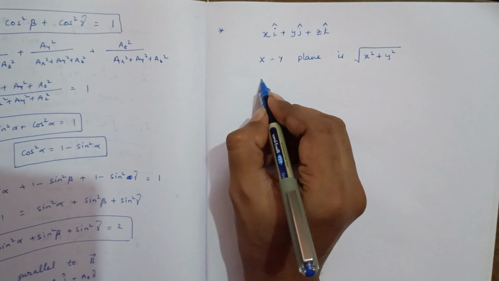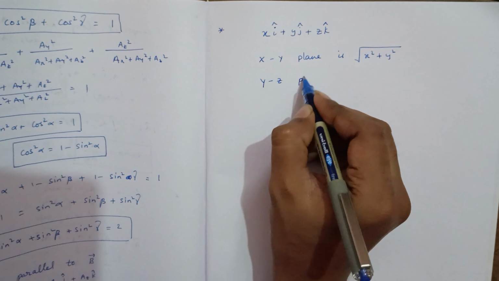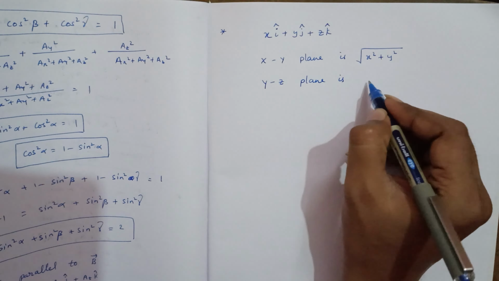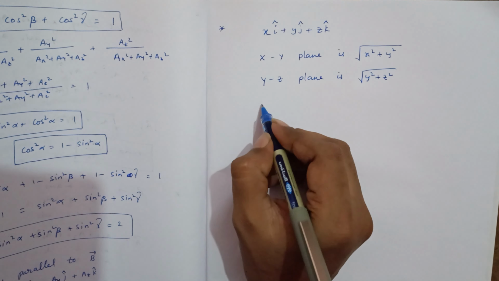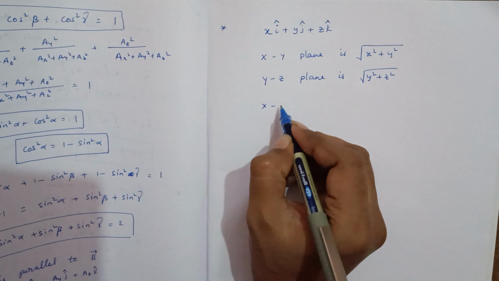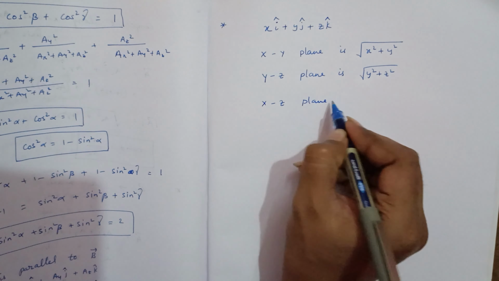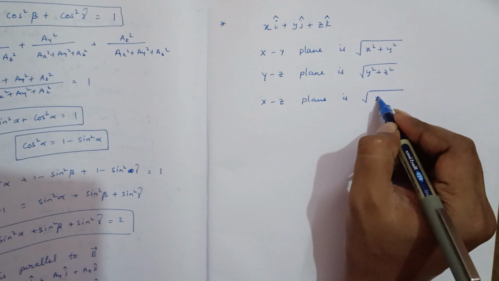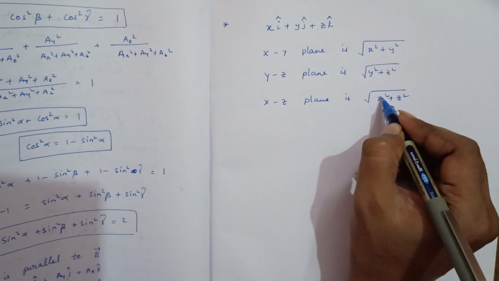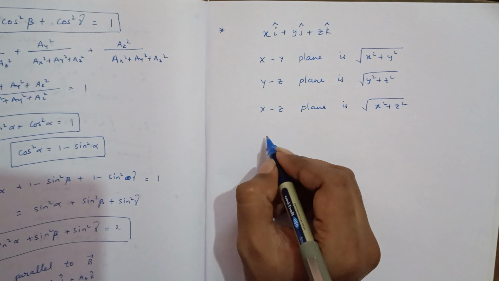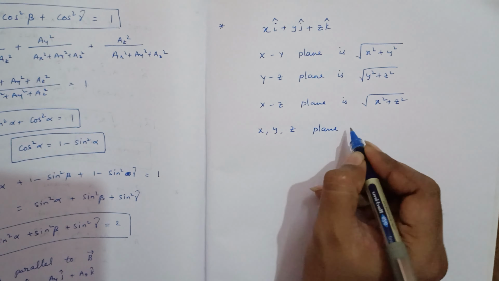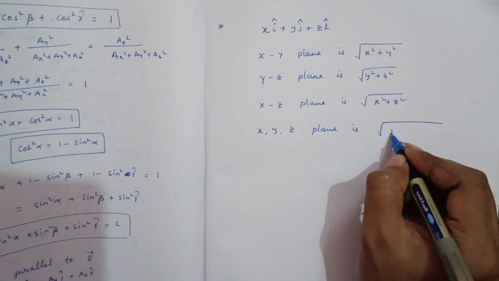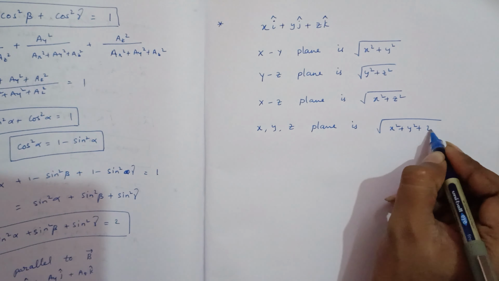Its magnitude in the yz plane is the square root of y square plus z square. Its magnitude in the xz plane is the square root of x square plus z square. Its magnitude in the xyz space is the square root of x square plus y square plus z square.